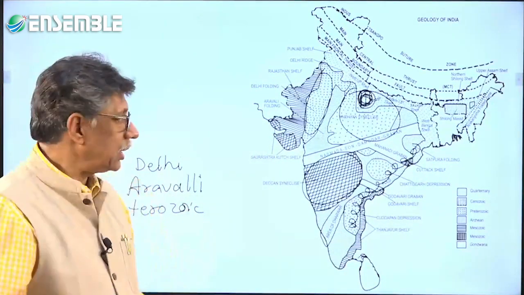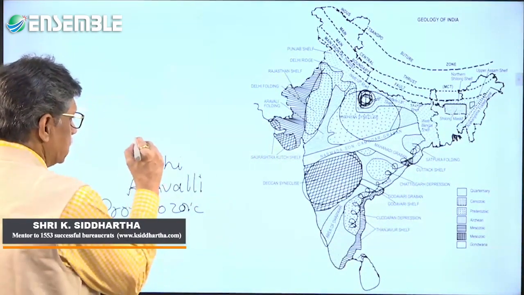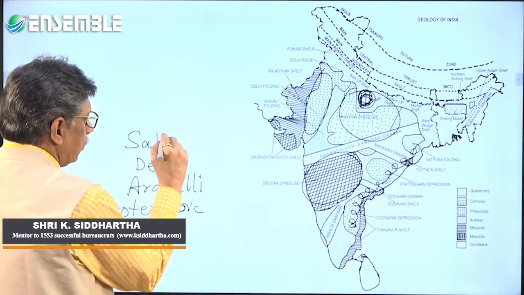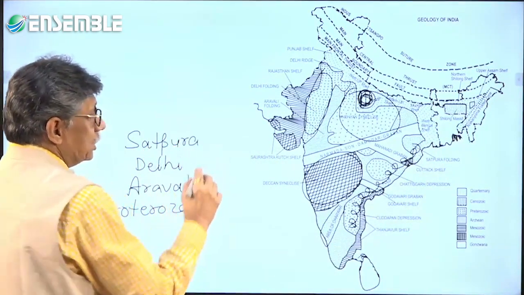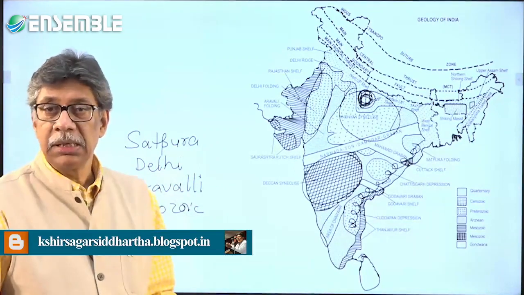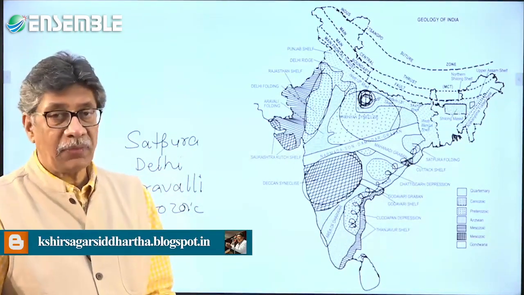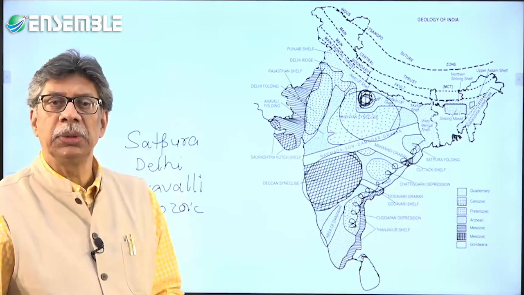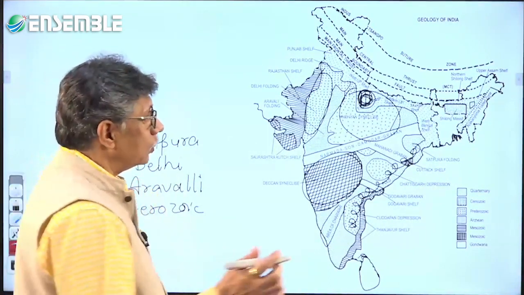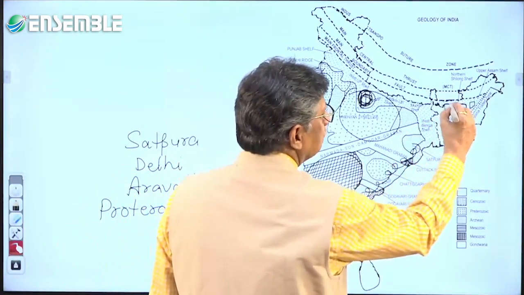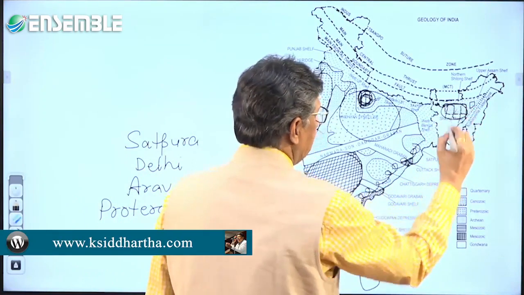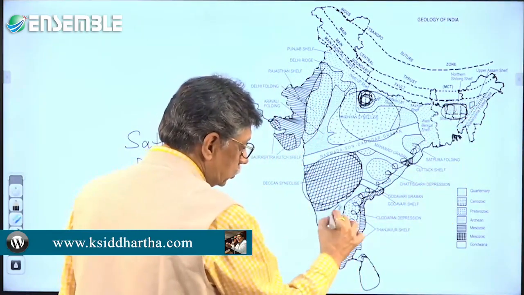After that it was Satpura mountains. That is the sequence in which they started forming Satpura mountains. And after Satpura, it was going to be Shillong Plateau and Travancore region. This was the region, Shillong Plateau and Travancore region.